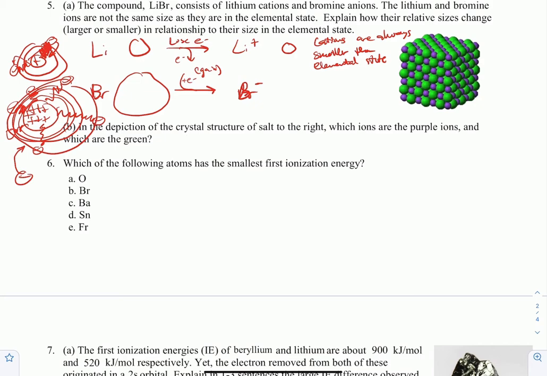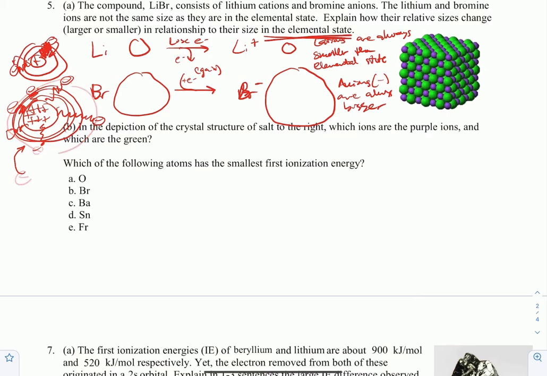It loosens up a little bit, and so it becomes slightly bigger. I'm going to draw this a little bigger, just like that. So anions, negatively charged things, are always bigger relative to their elemental state.